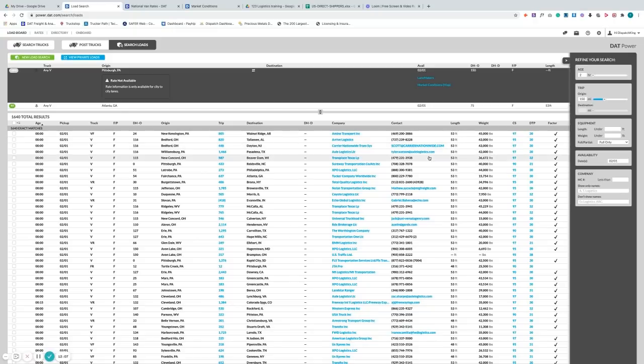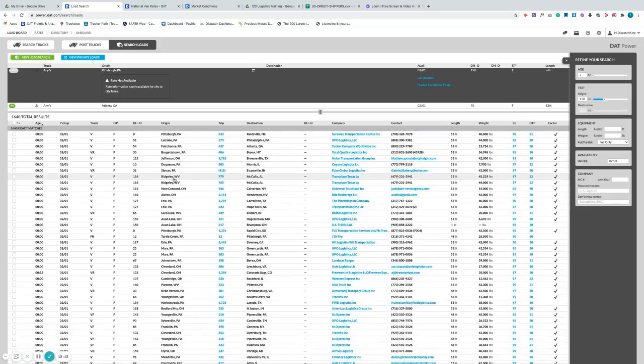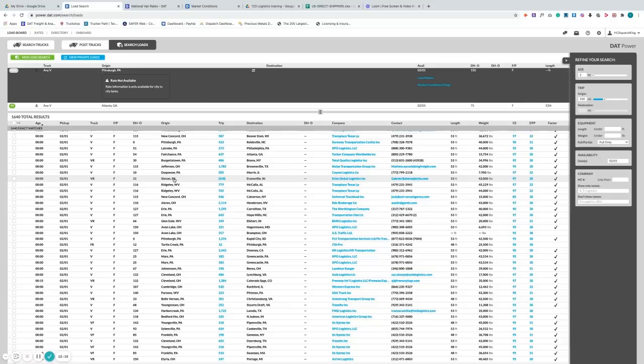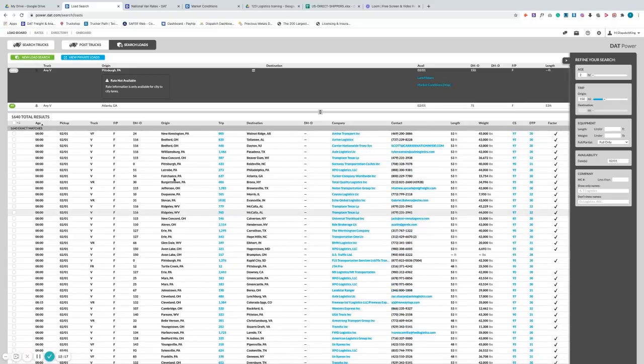Okay, as you can see, we got a lot of loads coming out of Pennsylvania or close to Pennsylvania. And you always want to check this before you send your driver somewhere, because you don't want to send him somewhere that you're not going to be able to find a load coming out. He's going to end up spending more gas trying to drive out of an area that doesn't have any loads. He can potentially even have to drive to a whole other state just to get out of that bad area to get a load. So you never want that to happen.